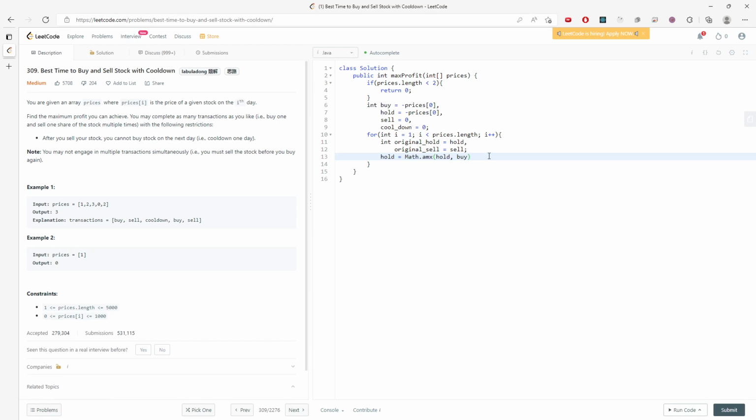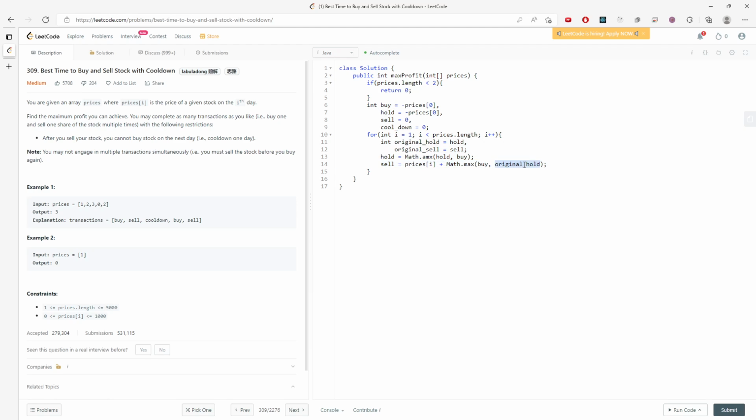All right, so I hold. After I hold, I can sell. So this is the next day after you buy, and you want to do these 2 variables first. So sell is going to be the price at i plus the maximum between buy and original hold. Original hold is based on the hold. So you can buy, and after you buy, you can sell it right away, you don't have to cool down.